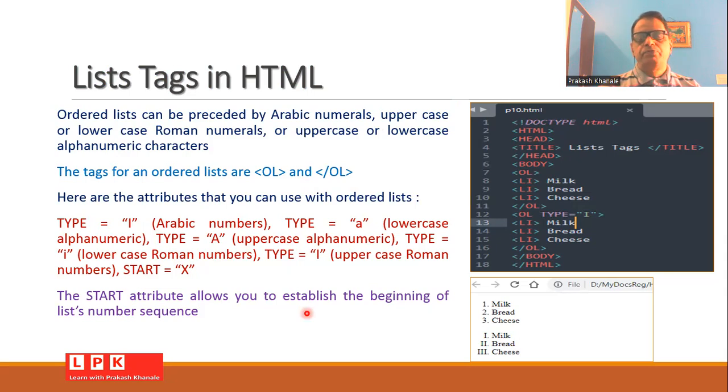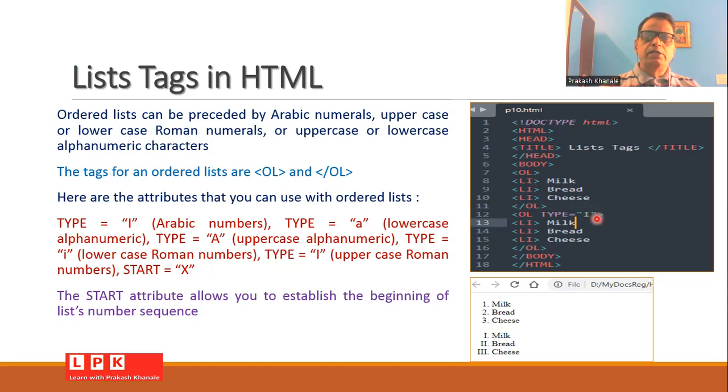where it will allow you to establish the beginning of the list number sequence. So for example, if I write a small HTML code where I have a list of milk, bread, and cheese, and this is an ordered list, I will enclose this list under OL, and then change the type equal to 1.